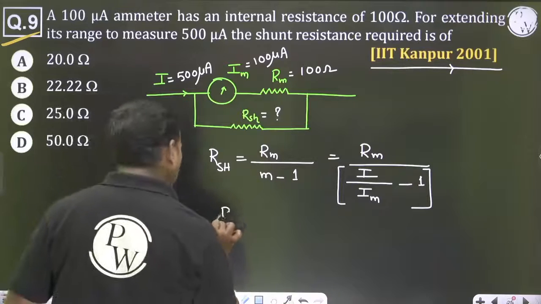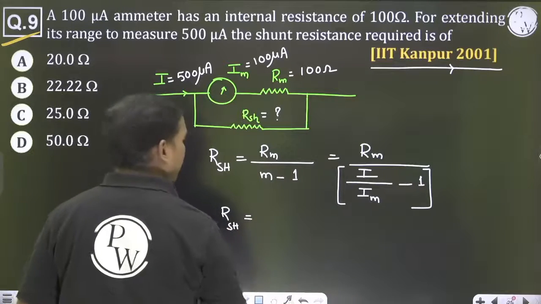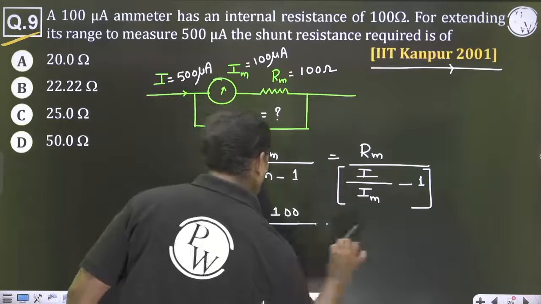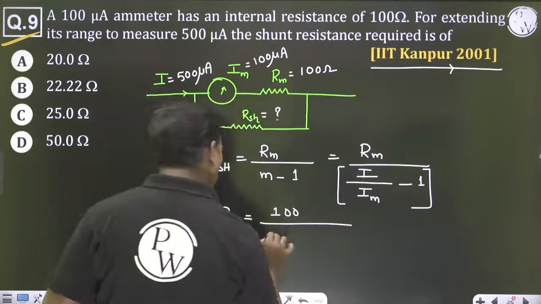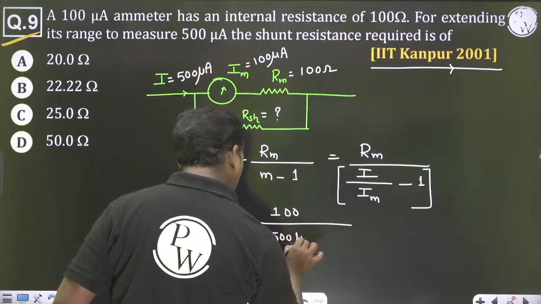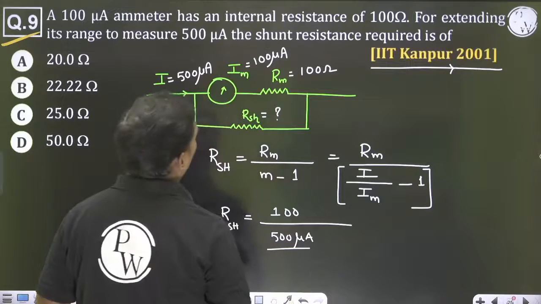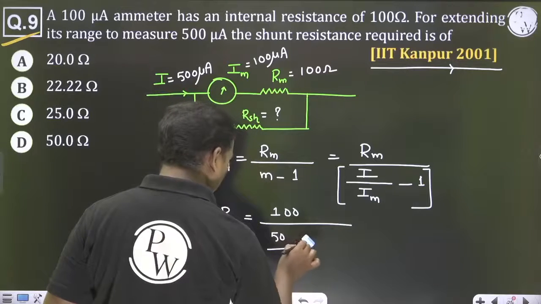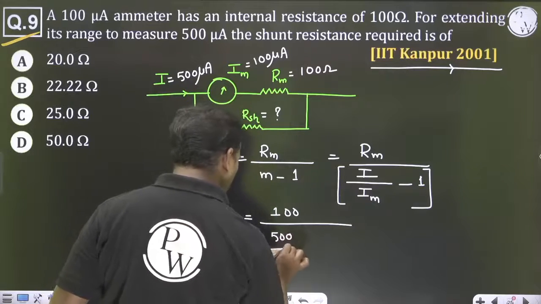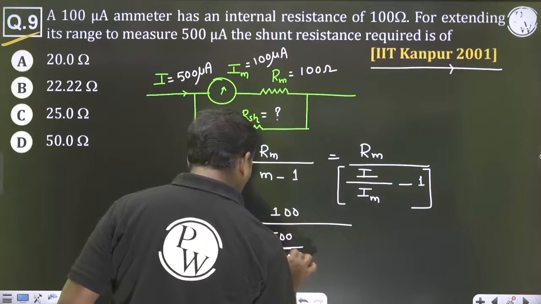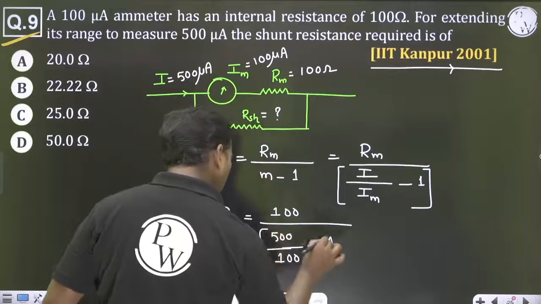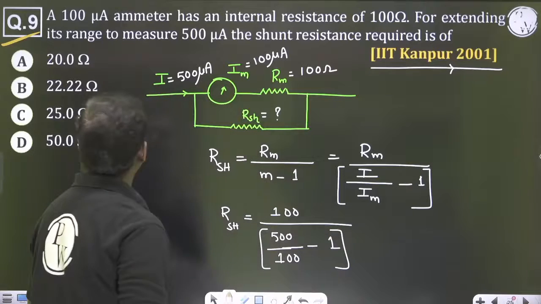So the shunt resistance, what is the Rm? This Rm is 100. The I is 500 microamperes, divided by Im, which is 100 microamperes. So I can cancel the microamperes. 500 divided by 100 minus 1.